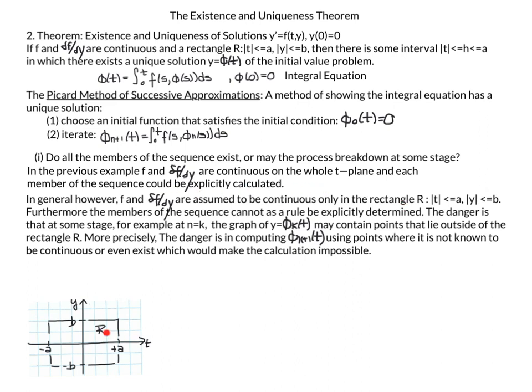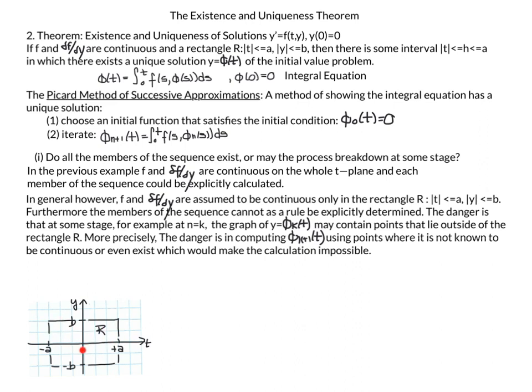And the reason is we have continuity within this domain, but at some stage, for example, at the n equals k stage, after we've calculated our phi of k, when we did our calculation of phi of k, we might have stayed in this domain to plug in for our f of t and y, but then our solution might have taken us out of the domain because, when you have a domain and range, they don't have to be equal. You start in the domain and then you have a range.